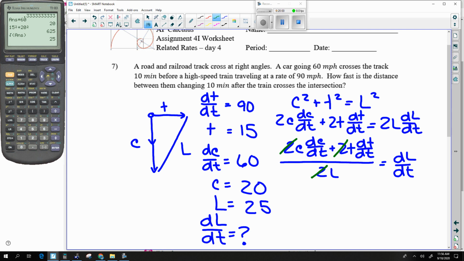All right, here we go. c times dc/dt plus t times dt/dt, divided by L. The lengths are in miles, and the times are in hours.